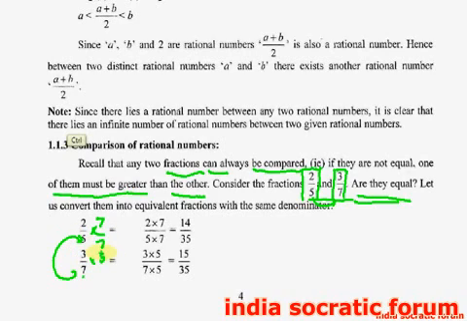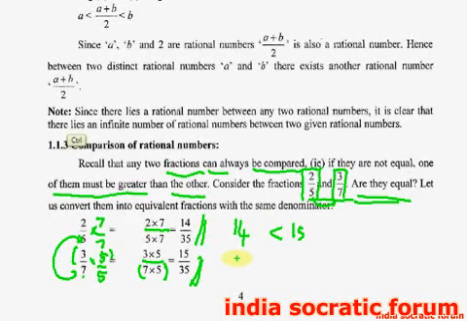We multiply the first by 7: 2 into 7 is 14, 5 into 7 is 35, giving 14 by 35. In this case it is 3 into 5 and 7 into 5, which is 15 by 35. Now it is clear, 14 is less than 15. Hence 14 by 35 is definitely less than 15 by 35.